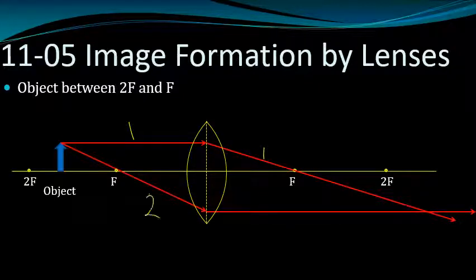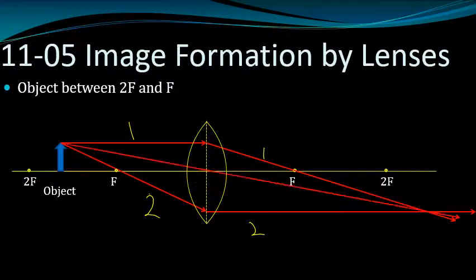So this is ray 2. And ray 3, what did that do? That's right, it went through the center of the lens, did not bend at all. This is ray 3. So where's our image going to be? Over there.